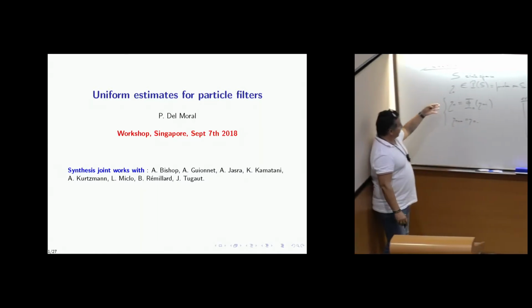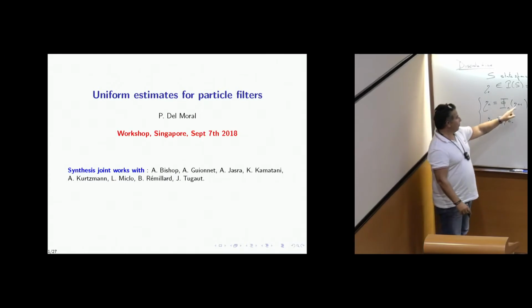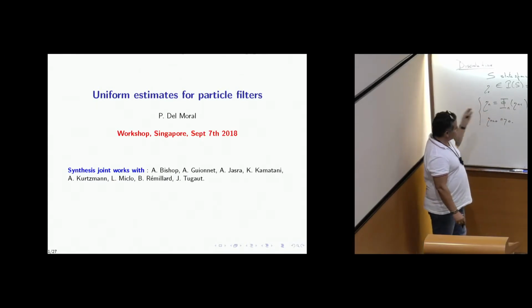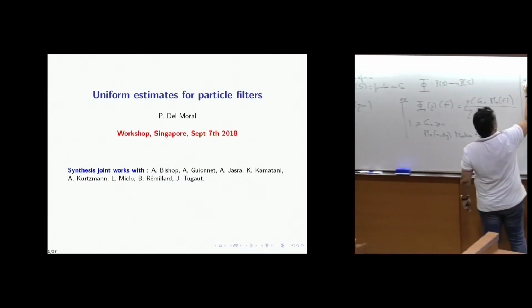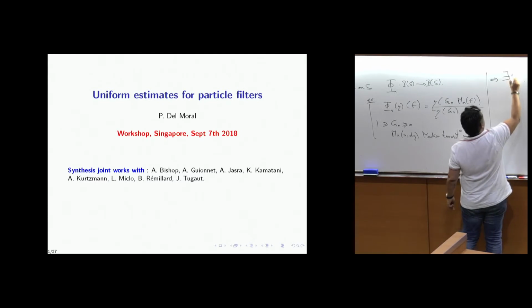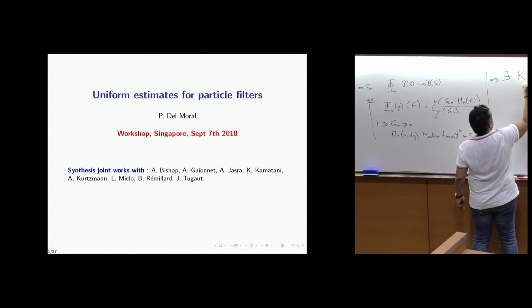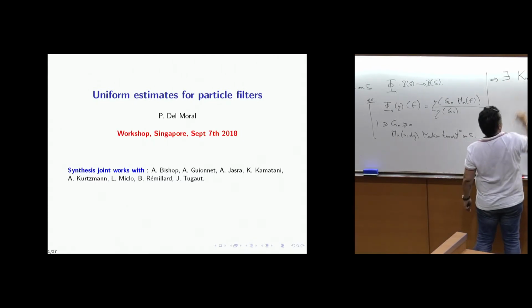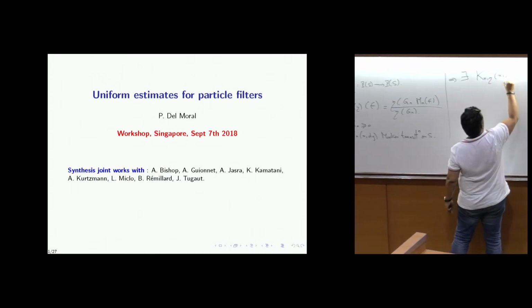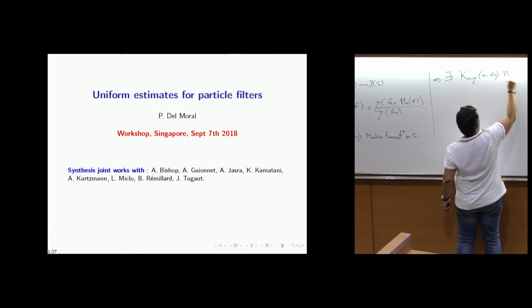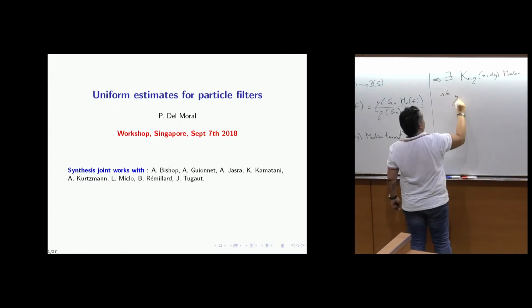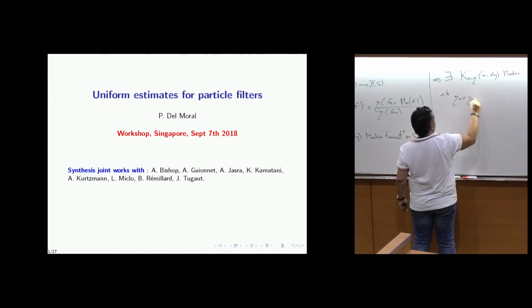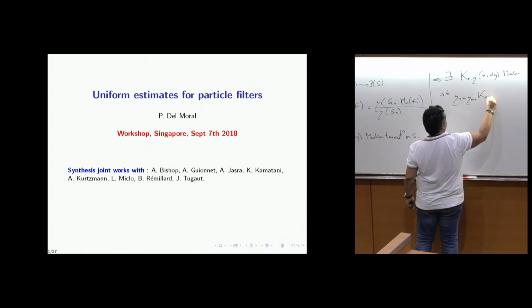So suppose you are given a system like that, you go from a probability measure to another probability measure, and then you can always find some Markov transition that may depend on n and eta, such that eta n is eta n minus 1 and the Markov transition.